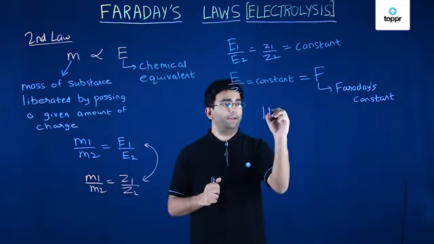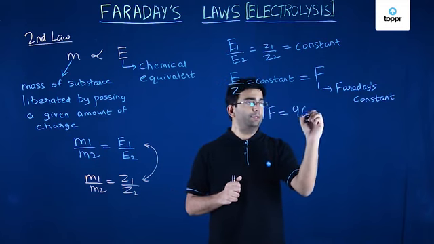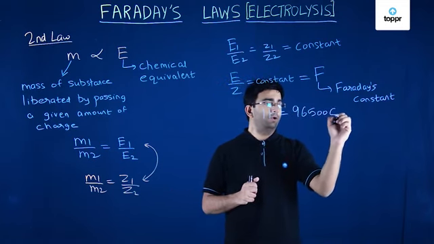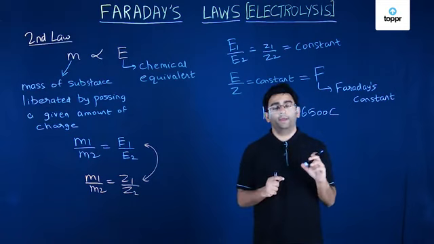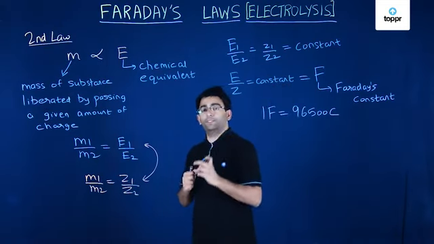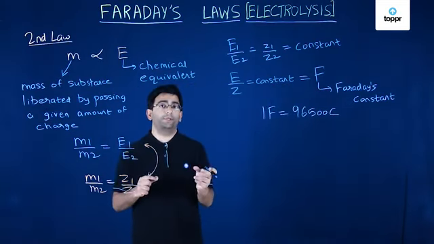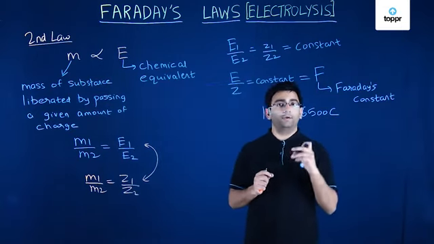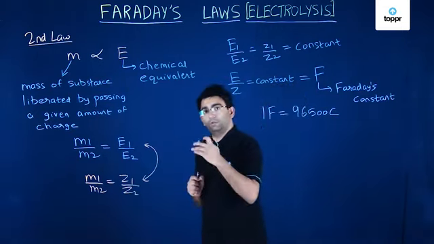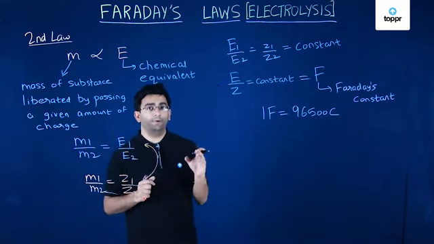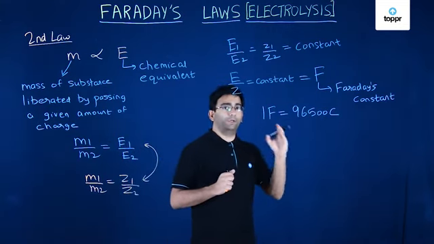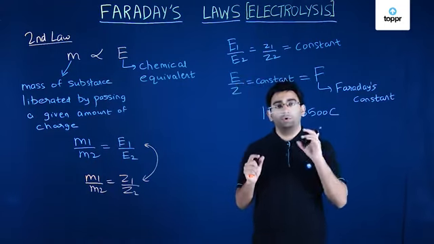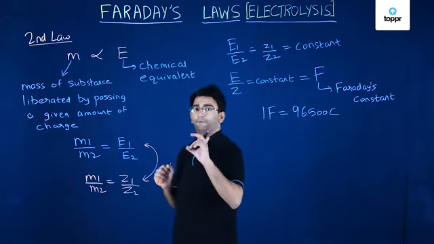So 1 Faraday means 96,500 coulombs. Basically, 1 Faraday is the amount of charge that liberates 1 gram equivalent of the substance. If 96,500 coulombs of charge is passed through the cell, then 1 gram equivalent of the substance will be liberated. So this was a brief discussion on Faraday's laws.